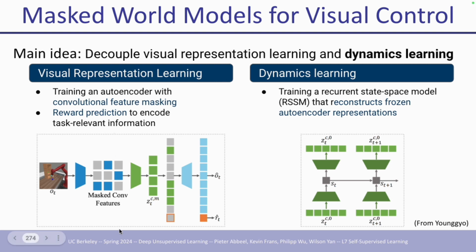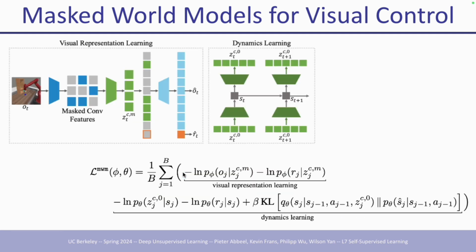So that's what's done here in this visual representation learning phase shown on the left. And correspondingly, we will then do dynamics learning on these extracted features from our learned autoencoder. And the structure setup that we have is another masked autoencoder style structure, where we will learn this feature representation through reconstructing random masks.